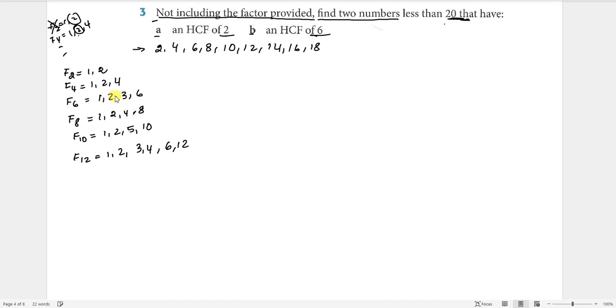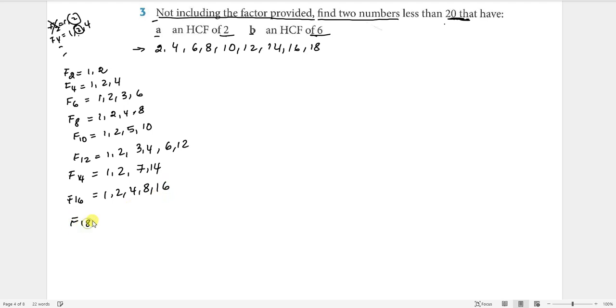I'm skipping the multiplication where I show the working, because I hope you understood it from the previous question, so I'm just going to skip that part. F14 is equal to 1, 2, 7 and 14. F16 is equal to 1, 2, 4, 8 and 16.